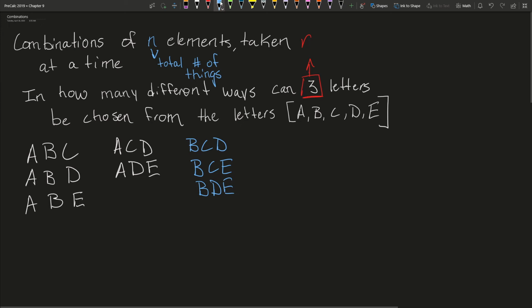And then we have C, D, E. Okay, so writing all these out is kind of tedious, and it's a little bit hard if you don't know the system to do it. But we could count all of these. And I missed one.